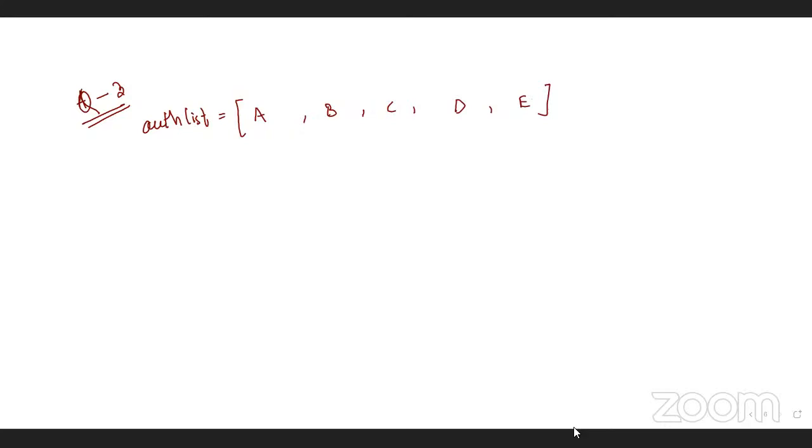Correct? Yes, ma'am. In alphabetical order, okay. There is one element corresponding to each author in the table. That means what? All the author names are unique. Yes, ma'am. Okay, that means two authors do not share the same name.